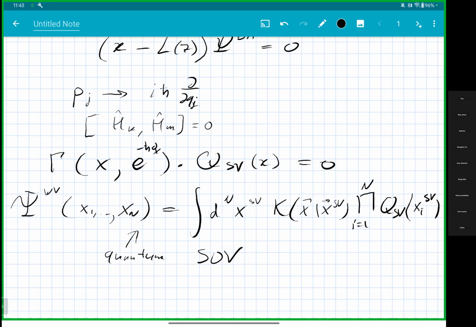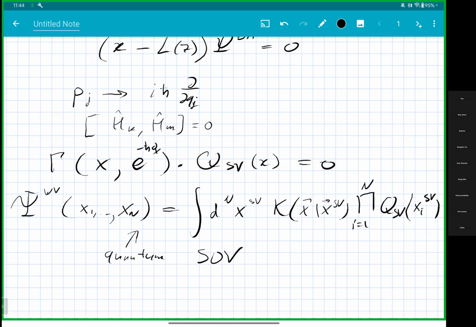Then you can look for solutions of the equation gamma applied to some psi, which is called the wave function, equal to 0.